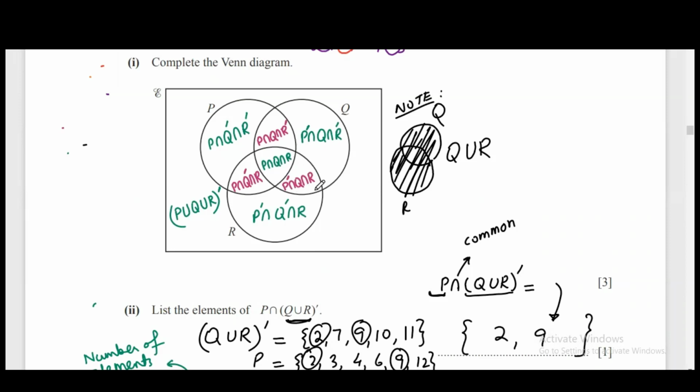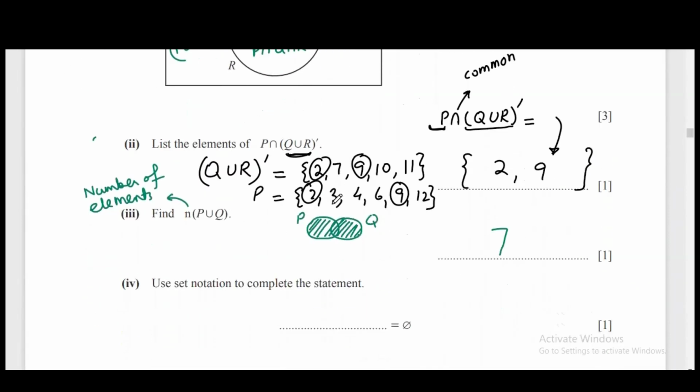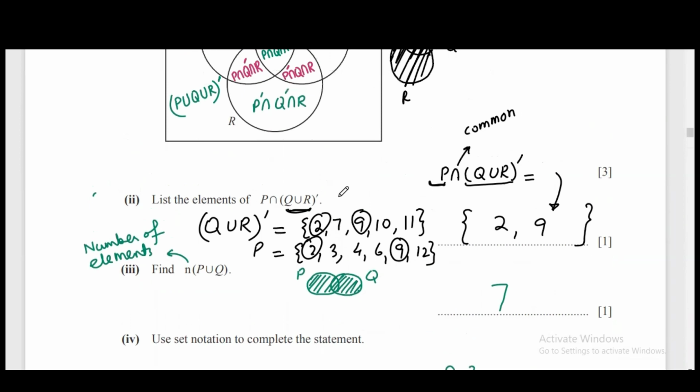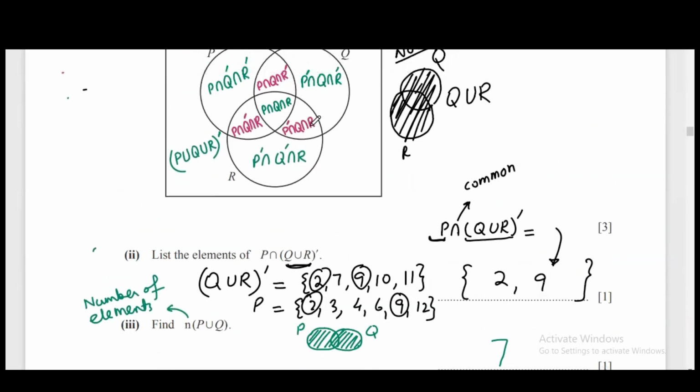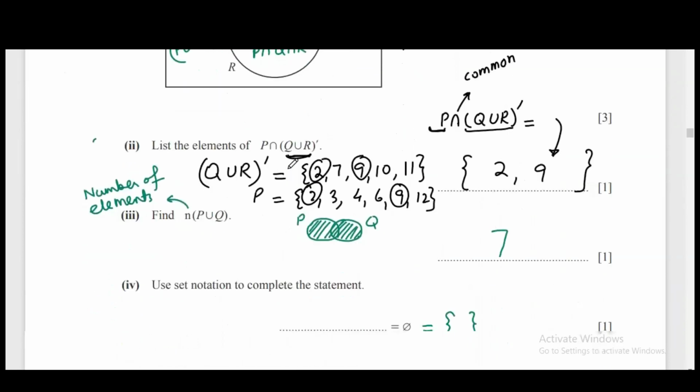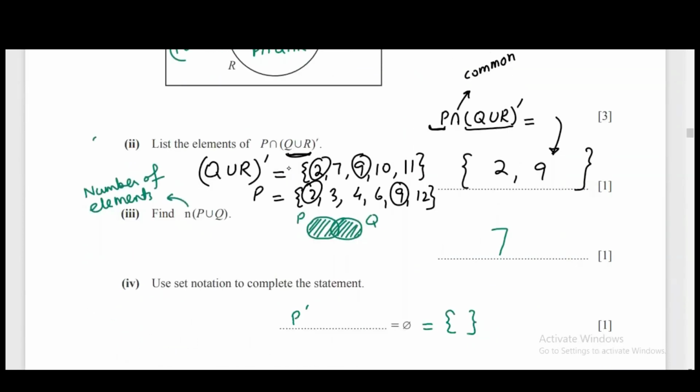You should know in the solution of part one, no elements. This is the symbol of no elements here. So which region in part one? This is the P intersection Q intersection R, which has no elements.